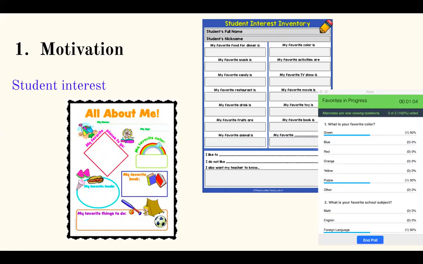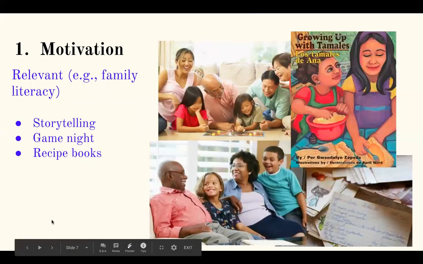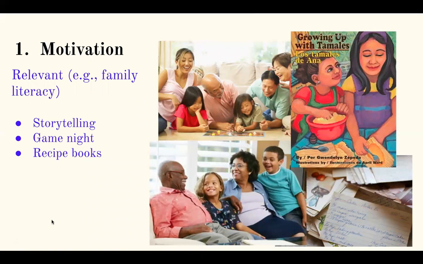Or we can also take a digital route by using a Zoom survey or a poll. These are just different ways that we can learn about what students are interested in, what they're passionate about, what their preferences are, and we can keep all that in mind as we develop our curriculum. This is also an essential time to consider relevancy and specifically family literacy.